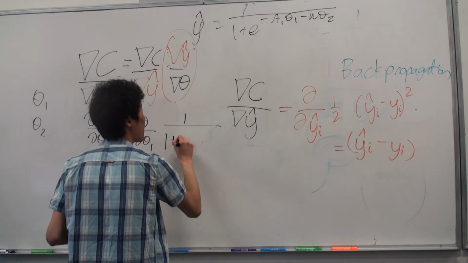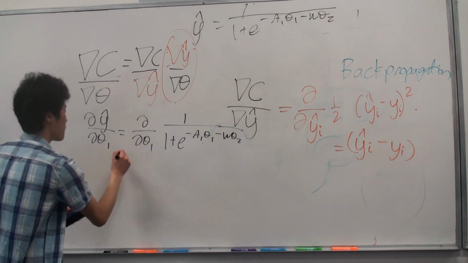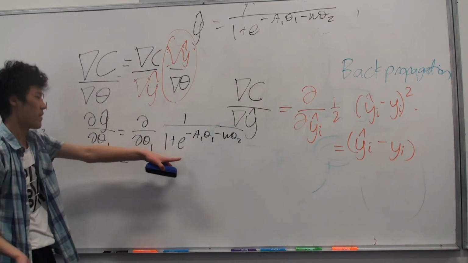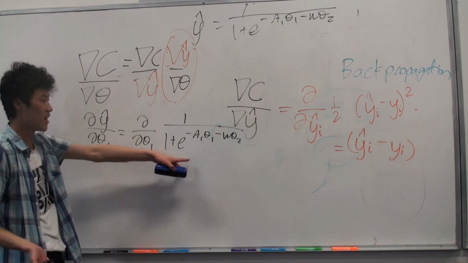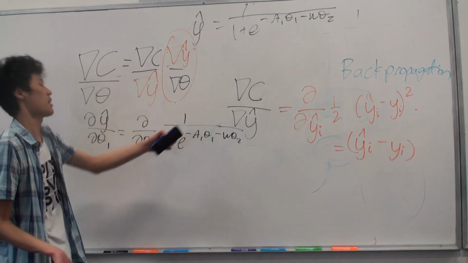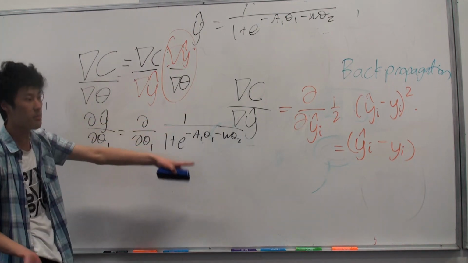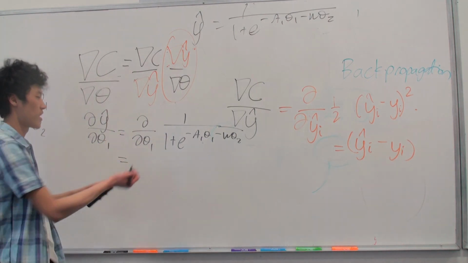So 1 over 1 plus e minus, right, we get this. And remember, if you did maths in high school, or you watched our other videos, the derivative of a quotient is differential of the top times the bottom minus differential of the bottom times the top, all over the bottom squared. So let's do that.